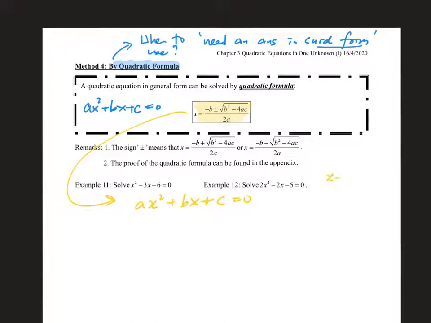You still remember that if x plus L squared is k, then x plus L will be plus or minus square root k. By using this idea, I aim to rewrite this equation in this format: I want a bracket square and a constant on one side.